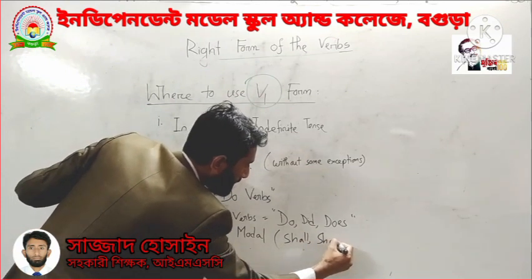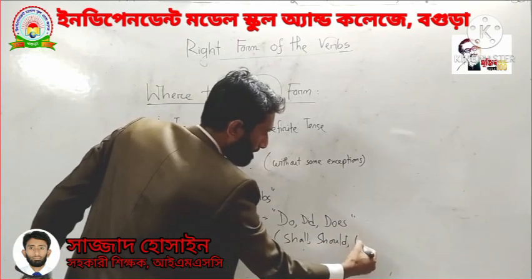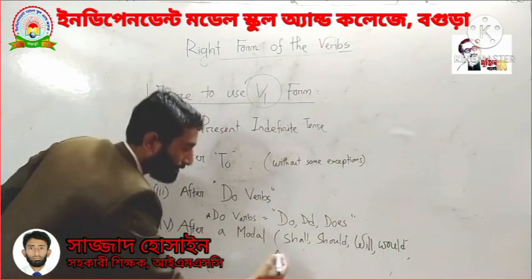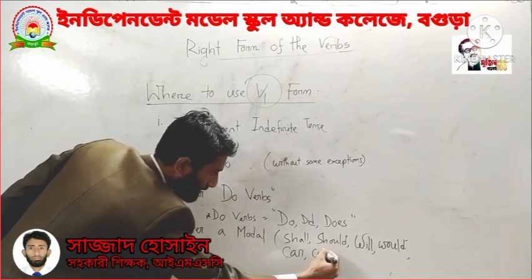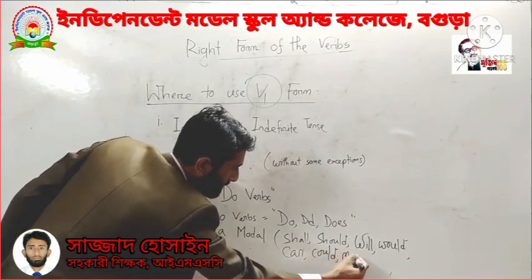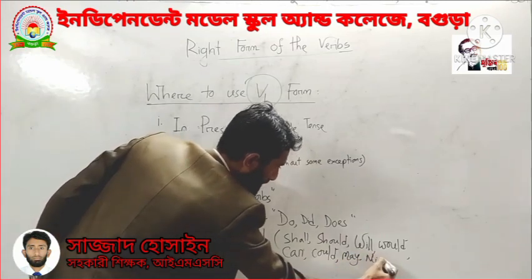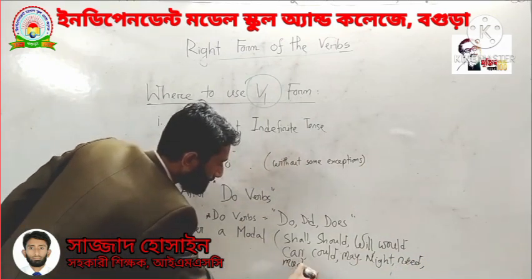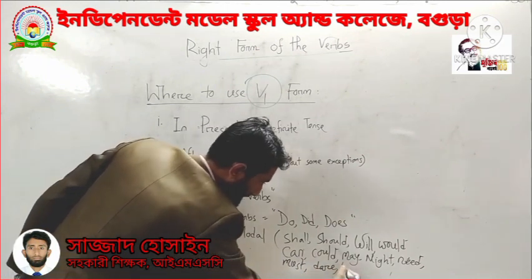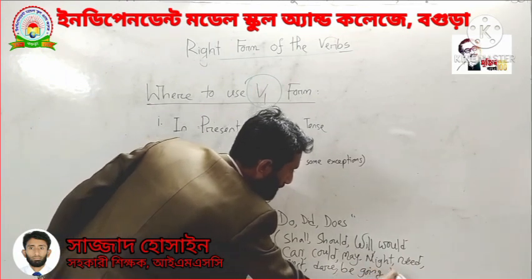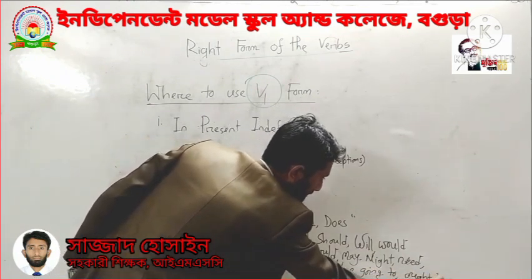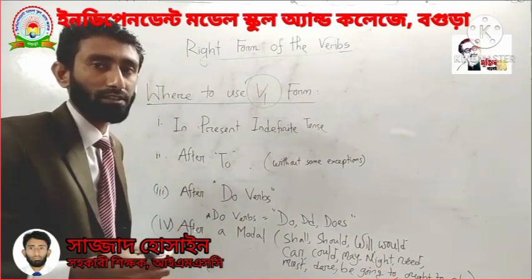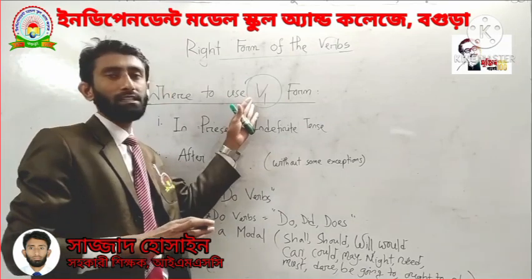Modal verbs are shall, should, will, would, can, could, may, might, need, must, dare, be going to, or to, etc. All these words are called modal auxiliaries, and after a modal auxiliary you must put the V1 form of a verb.